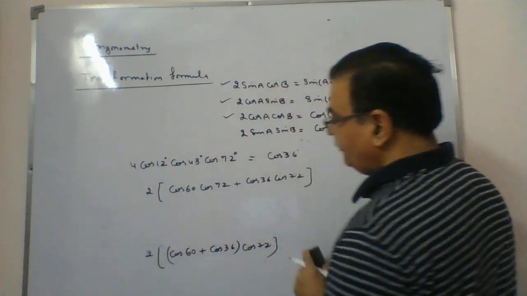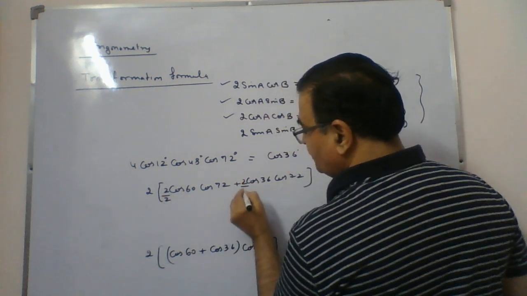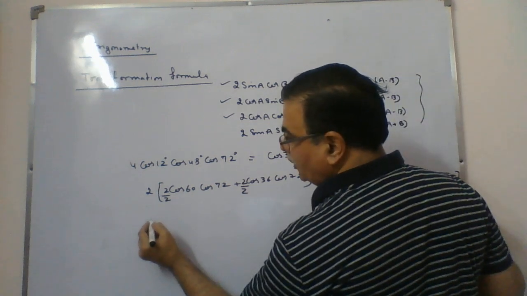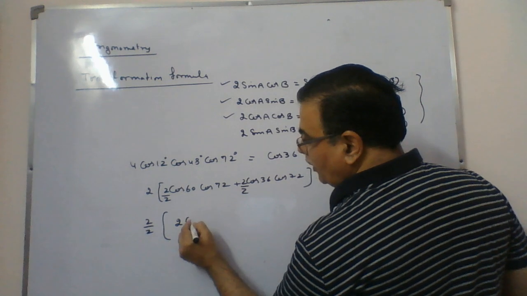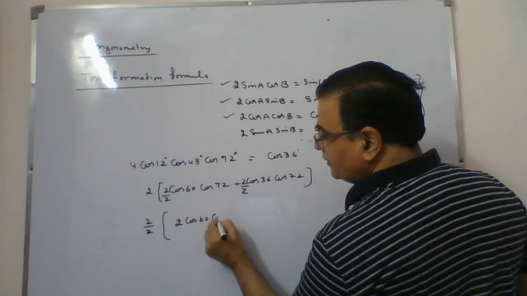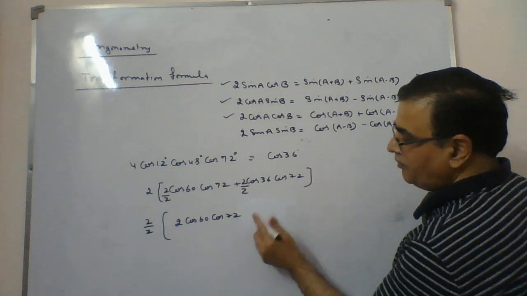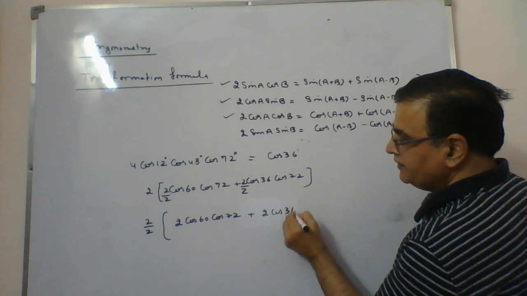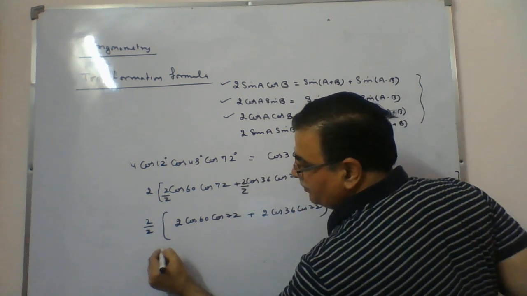Now when we solve it further, multiply and divide by 2. Half gone out. So 2 cos 60 cos 72, and here it comes out to be plus 2 cos 36 cos 72. Now this will be 1 only.